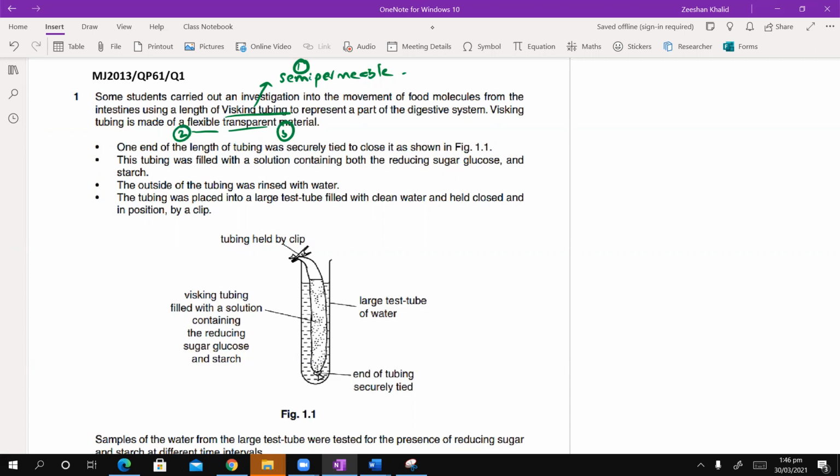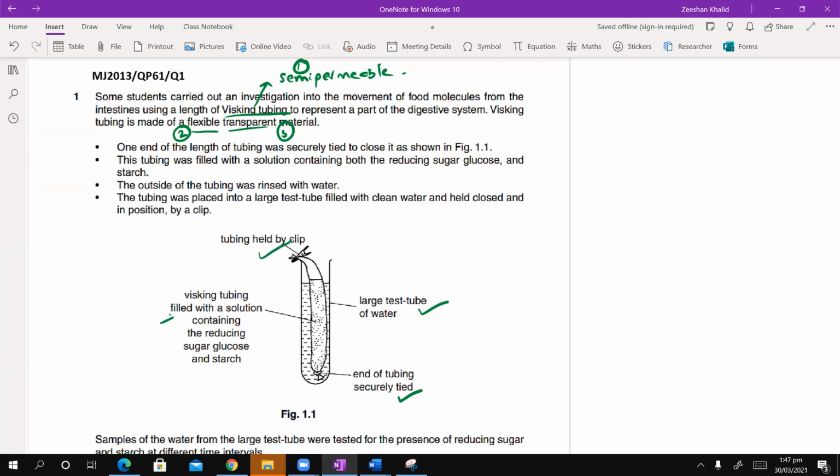Now let's look at the diagram first. When it comes to the diagrams in your exams, you have to fully decode the diagram by looking at it. You have to literally, thoroughly study the diagram. So you have a large test tube of water. Then you have one end of the tubing securely tied. It is tied at the bottom, and at the top the tube is tied with a clip.